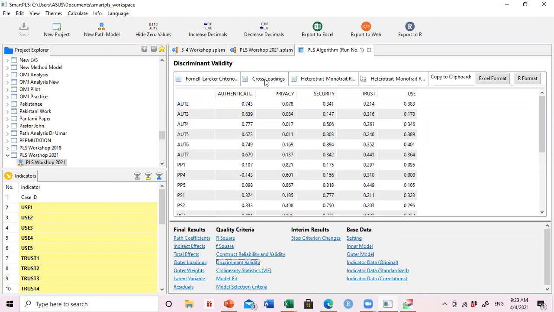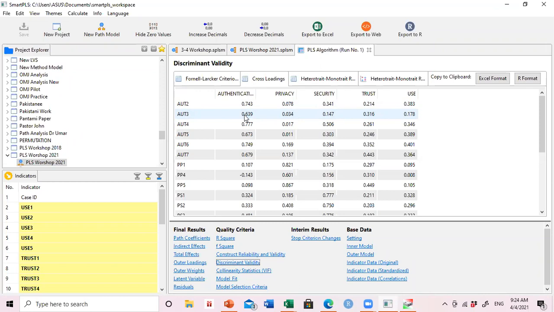Then we move to cross-loadings. What we check is the items' loadings on other constructs. For example, we have authentication, and the authentication items are 6.